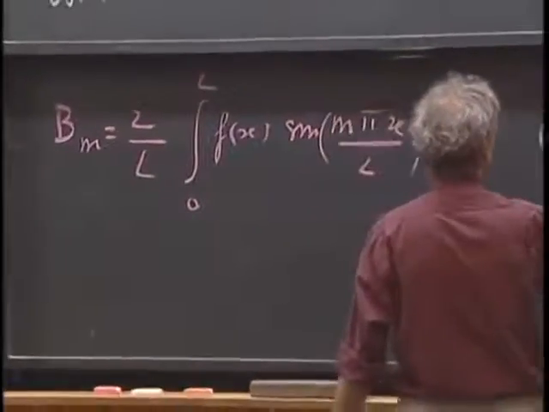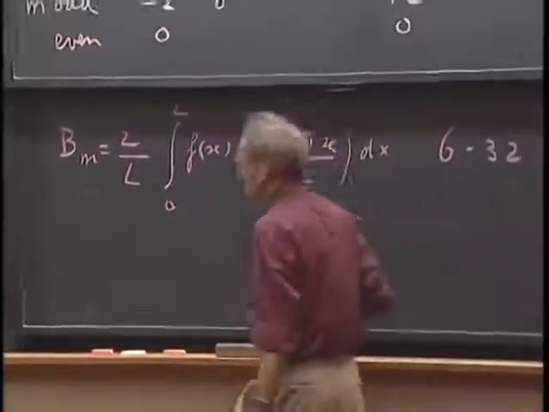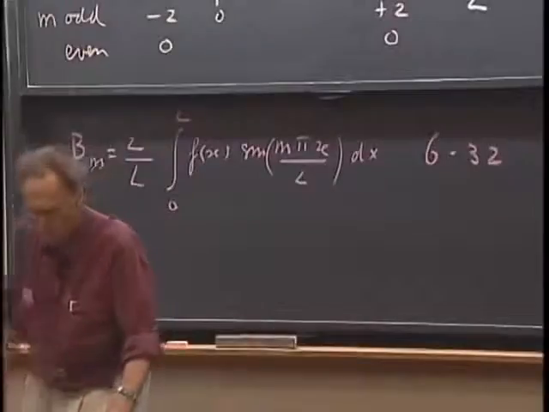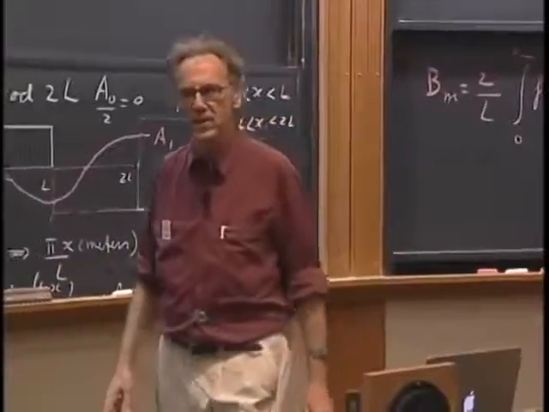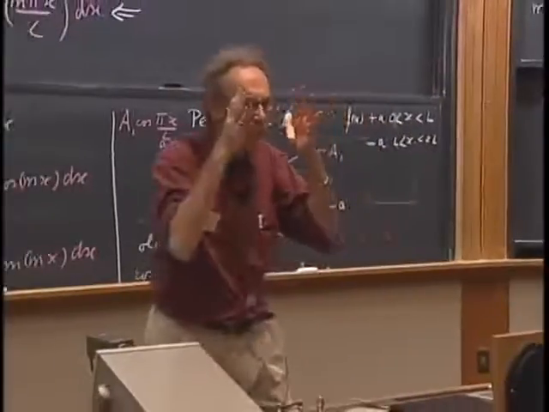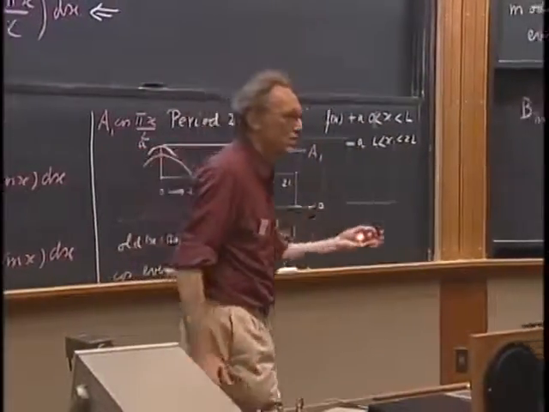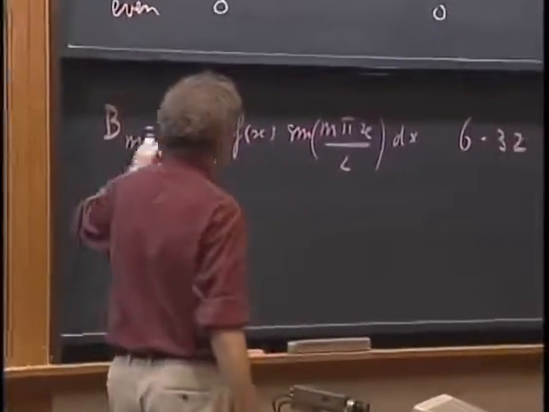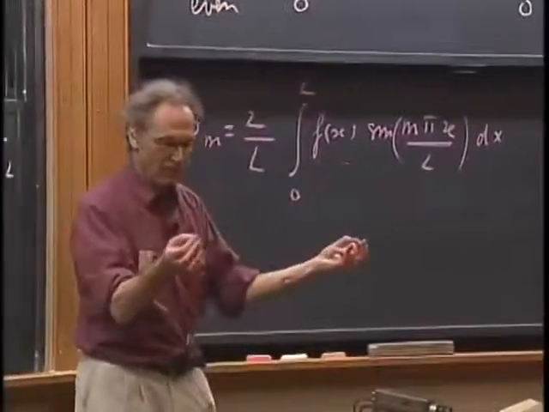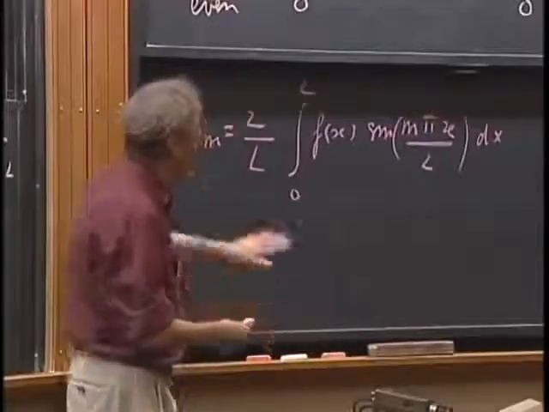And this is equation 6.32 in French. If that's all we knew about Fourier analysis, we would have a very narrow picture, because it is an extremely special case. But it's true that whenever you have a string which is fixed at both ends, this will do.